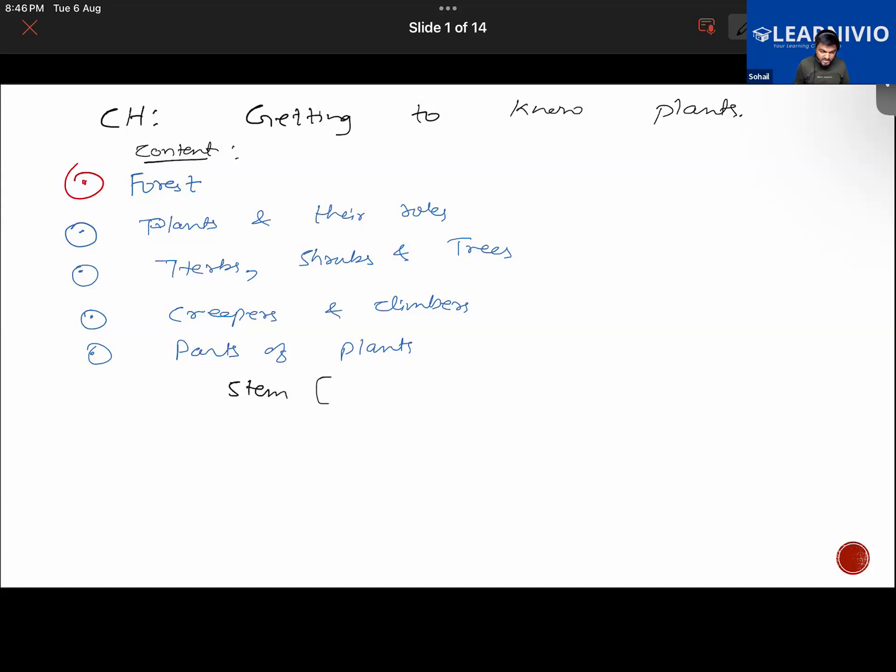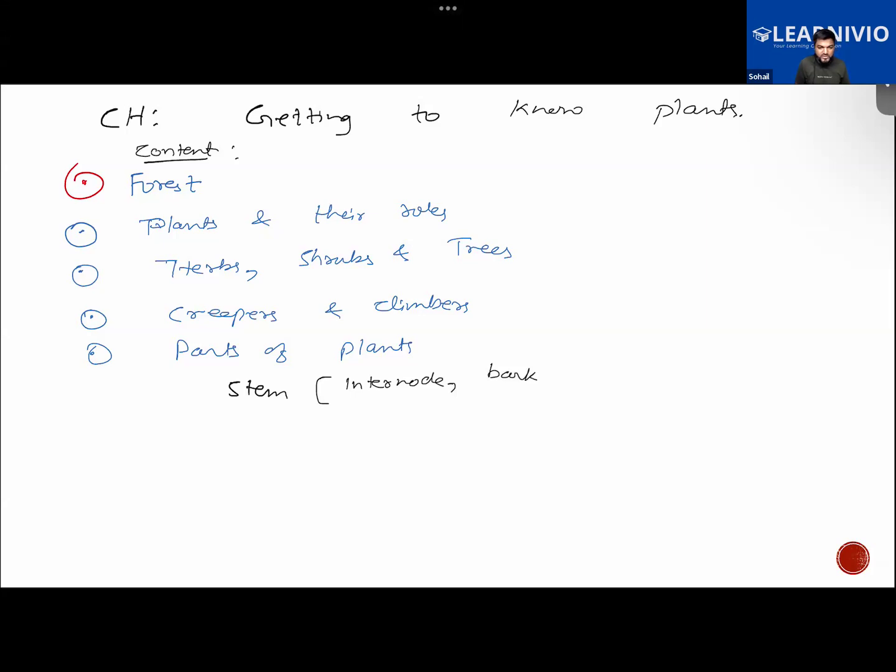In stem, we would be particularly learning topics like what is internode, what is bark, what is node. All these things you'd be learning in stem. And particularly in stem, you will learn about its functions and how it does the absorption of water, and other things. Then you'd be learning about the leaf and its parts.